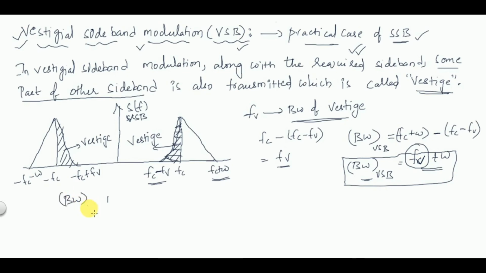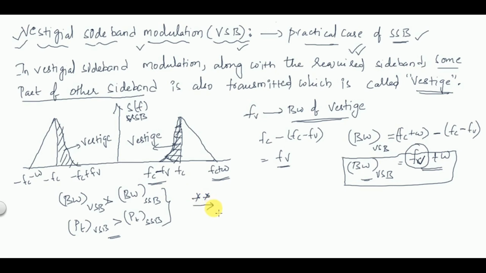So the bandwidth required for VSB is greater when compared to SSB. Similarly, the power required to transmit a VSB signal is greater when compared to the power required to transmit an SSB signal. These are the differences between SSB and VSB.